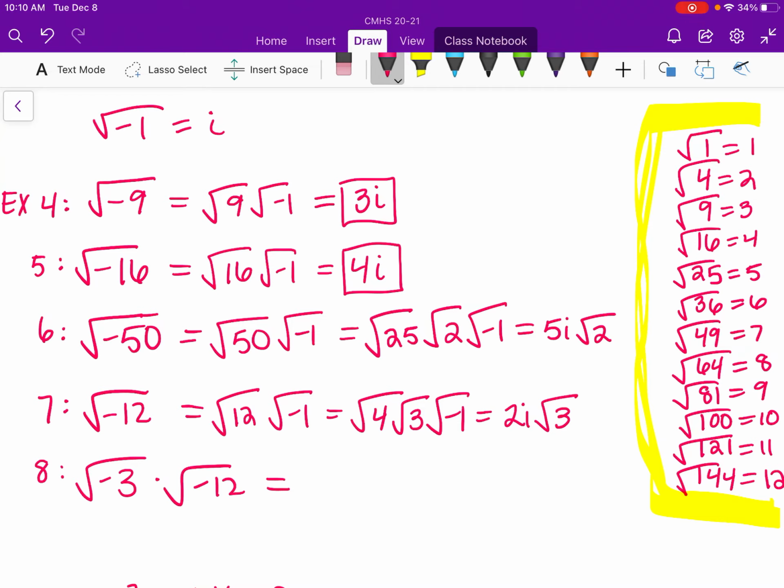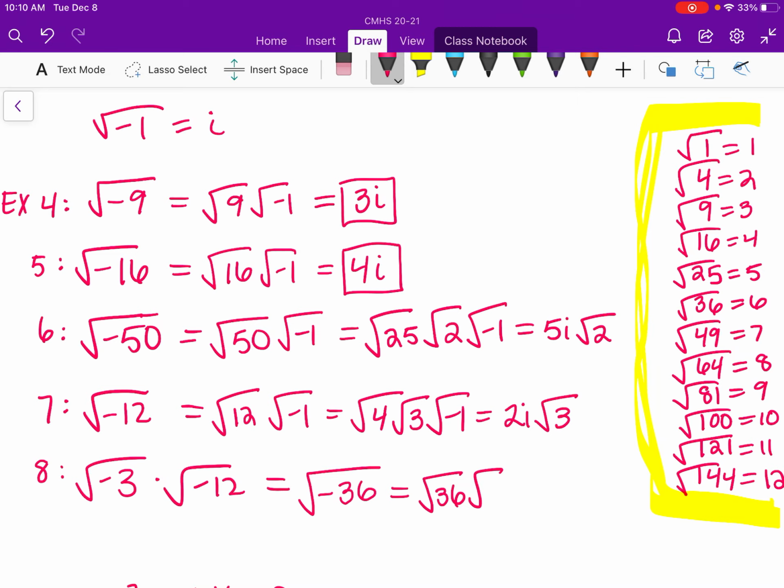So let's try number 8. We have the square root of negative 3 times the square root of negative 12. This is really easy. All we have to do is multiply them together. So 3 times 12 is 36. So we have the square root of negative 36.